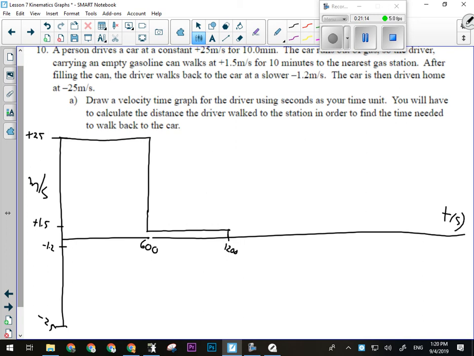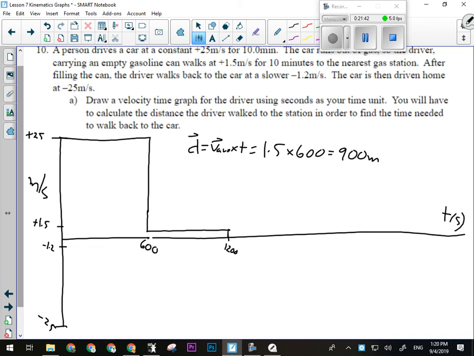If they travel at 1.5 meters per second for 600 seconds, then I can calculate their displacement by going v times t. So that'll be 1.5 times 600 seconds, which is 900 meters. So I know it's 900 meters from the car to the gas station. Everybody okay with what I did there? All I did was calculate the area under the line.